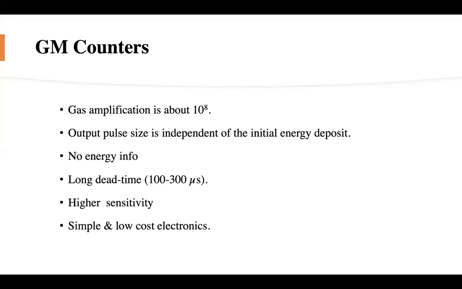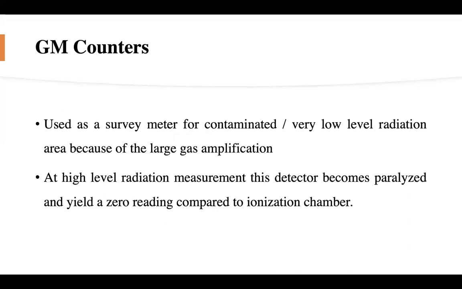So you can now link between the gas amplification or applied voltage and sensitivity. The sensitivity increases as the applied voltage is increased. Simple. You don't need that complex electronics to measure the signal or to make it bigger, so it will cost less compared to others.